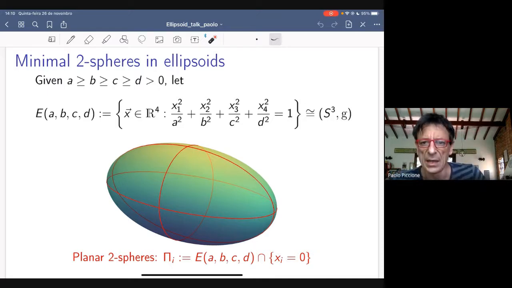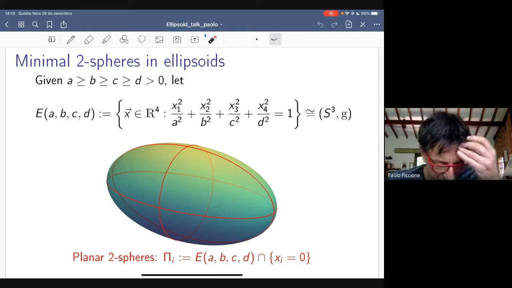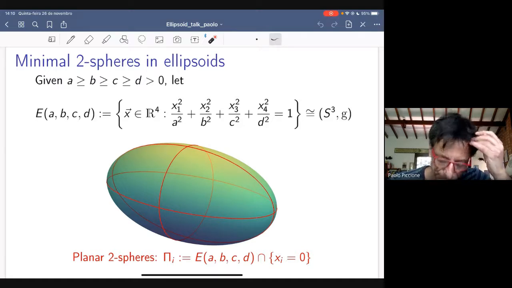That is, changing the sign of one of the variables is an isometry that preserves the ellipsoid. And these spheres are exactly the fixed points of this isometry. So they are more than minimal. They have identically 0 second fundamental form. That is, in particular, that implies mean curvature equal to 0. Okay. So in the standard ellipsoid, you have at least these 4 minimal 2 spheres. Okay, they're in a sense trivial.